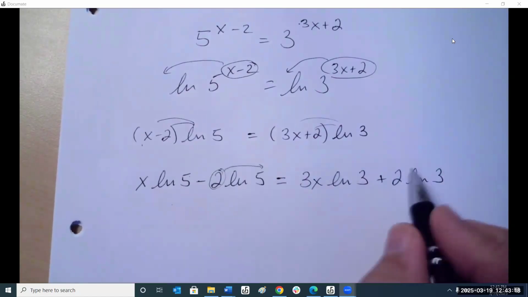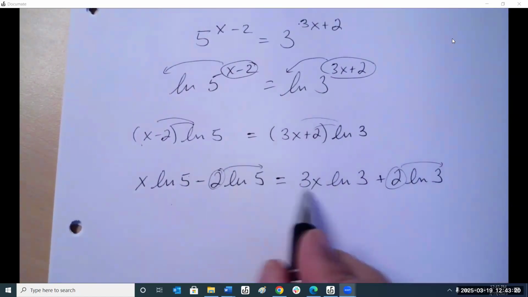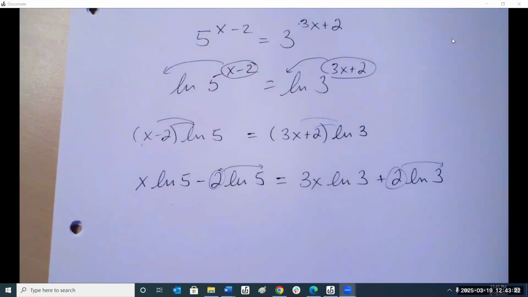That exponent we could bring up there, and this one we could bring up there, but the other ones are x's. It's got to stay there.